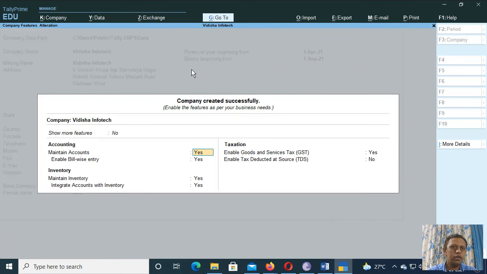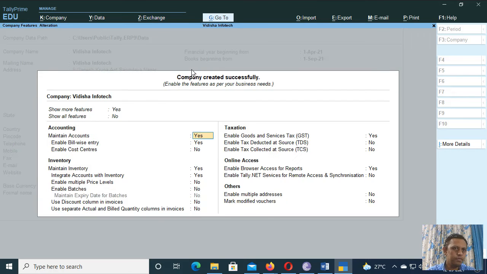Now in our previous video we saw that these were limited features. So let's see some more features. Here we get the list of all the features available.